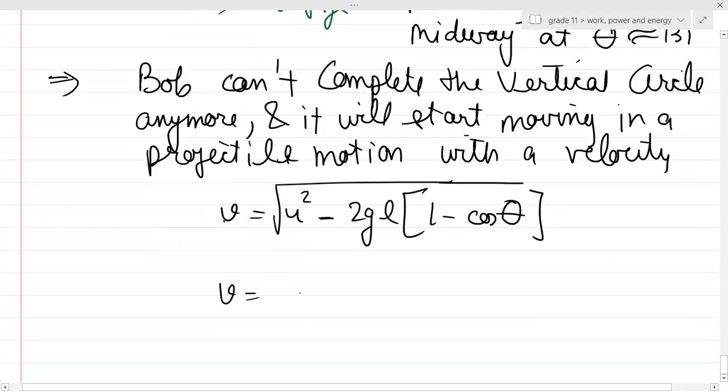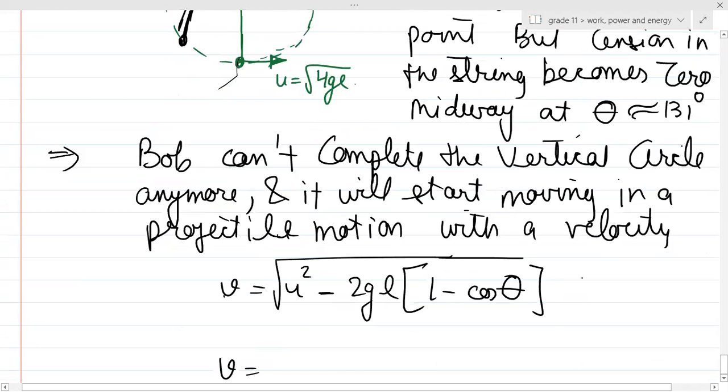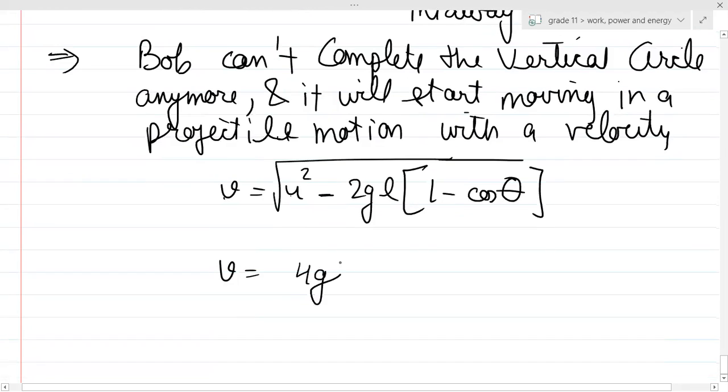What will be the velocity with which it will move? The speed at that particular point, we're talking about this speed. The formula is written for that only. So v square will be equal to 4gl minus twice of gl into (1 minus cos theta).